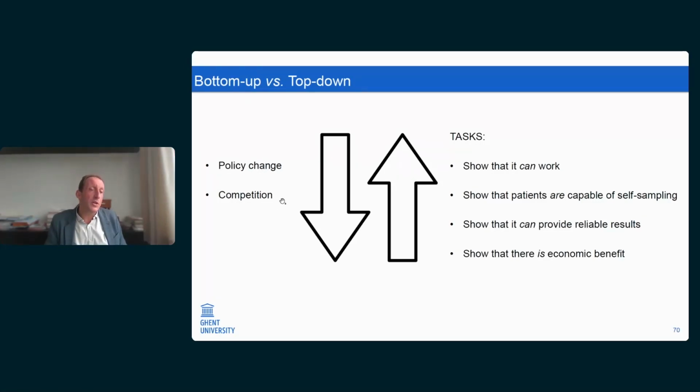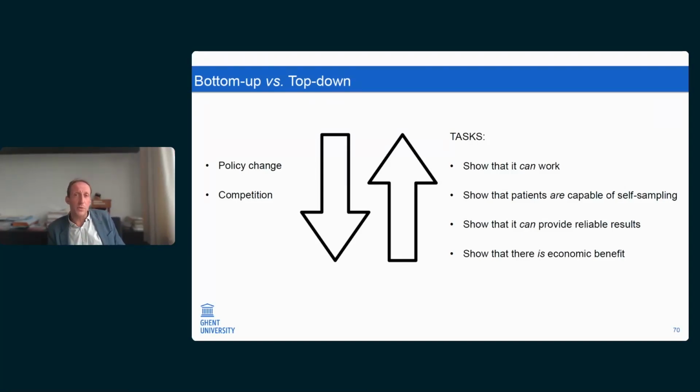This is not really the positive way, if you have to do it or only do it because of competition. There are also what I would refer to as bottom-up approaches. Then it's up to us as researchers to show that it really can work. If people, or politicians, for instance, or financiers can see that it can work, then they may really start to push it forward as well.